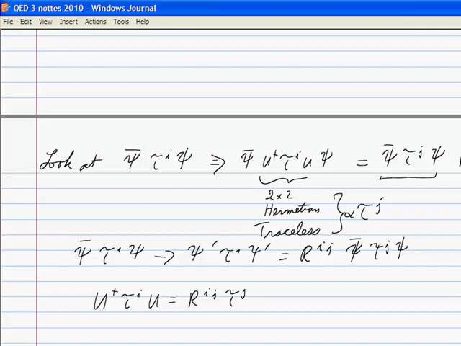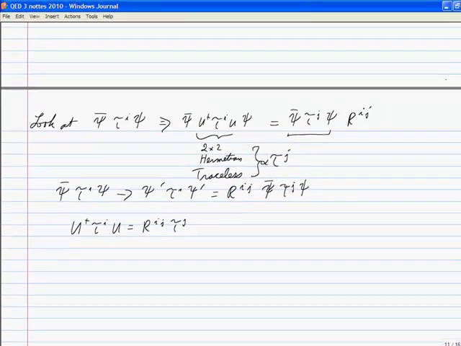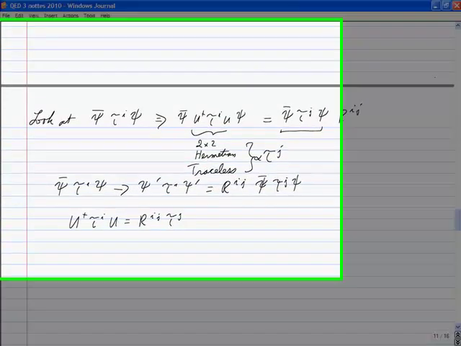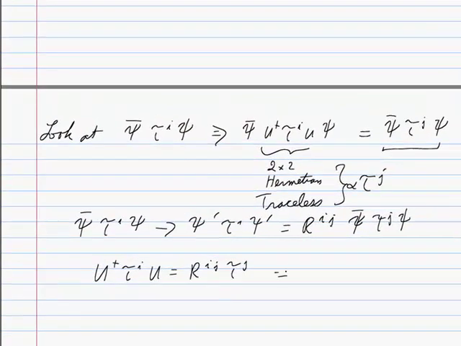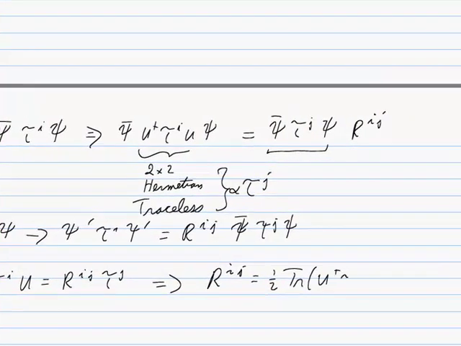So let me multiply by tau j and take the trace. This trace is just 2. And so R_ij is 1/2 trace of U dagger tau i U tau j. So there's what it is. So given a U, I can convert that.